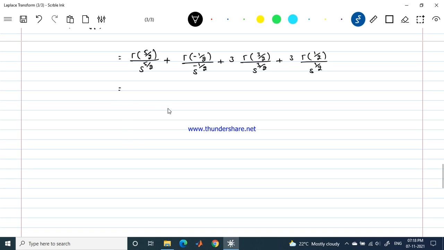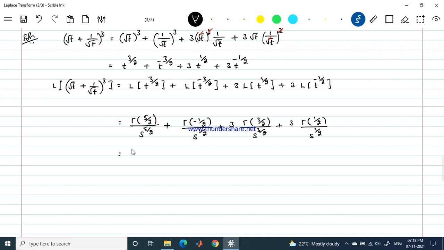Now let me write the values of these gamma functions. It is 3 by 2 into 1 by 2 square root pi upon s power 5 by 2, plus square root pi upon minus 1 by 2 into s power minus 1 by 2, plus 3 times 1 by 2 into square root pi divided by s power 3 by 2, plus 3 into gamma of 1 by 2 is square root pi divided by s power 1 by 2.